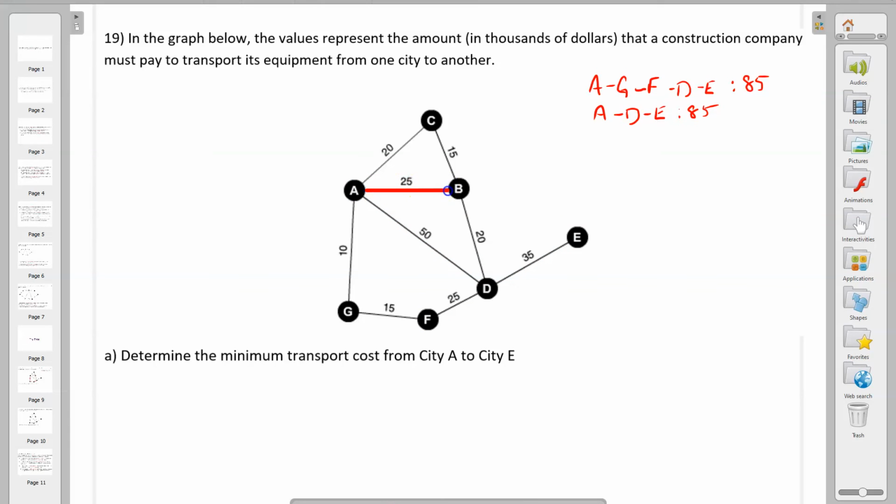How about A, B, B, D, D, E? 25 plus 20 is 45, plus 35 is 80. And just to be sure that we've covered off all possible alternatives, we'll go A, C, B, D, E. 20, 15 is 35, plus 20 is 55, plus 35 is 90. So we can see that our minimum was A, B, D, E.